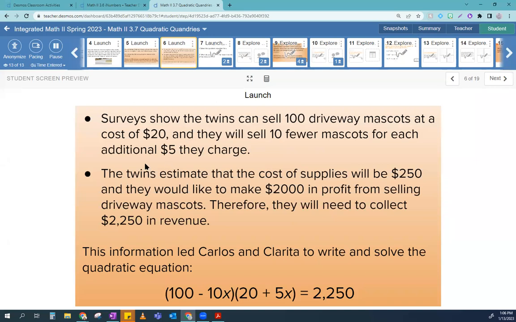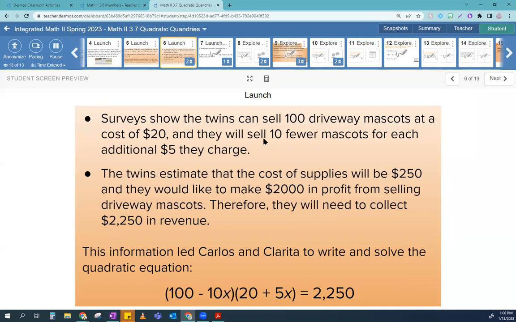What they've done is come up with an equation. 100 was the number of driveways that they think they can paint, and for every increment of $5 that they raise the price, they sell 10 fewer.